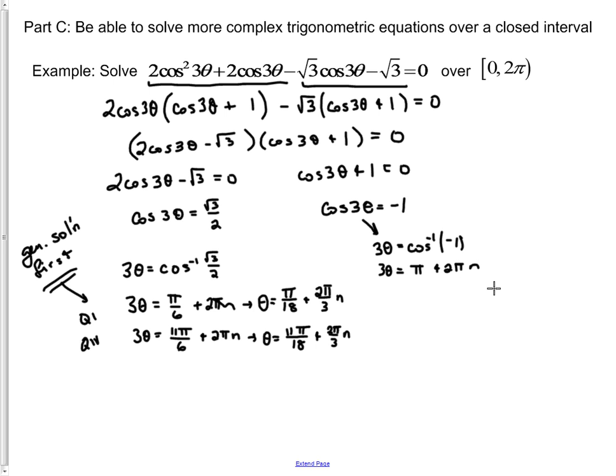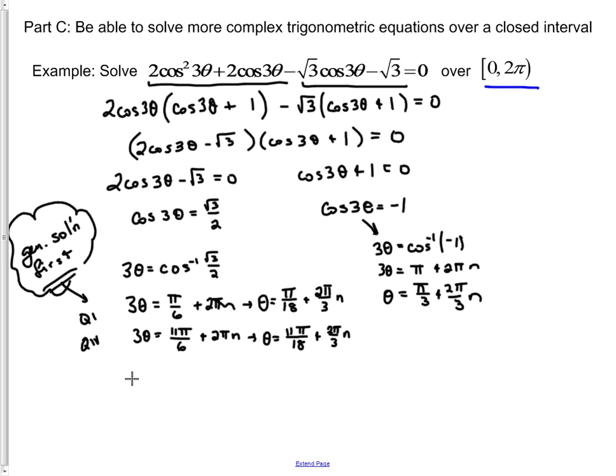So multiplying both sides by 1/3 gives us pi over 3 plus 2 pi over 3 n. Well, these are the general solutions. We look for the general solutions first, but we're going to use these general solutions to get our set of values over the interval from 0 to 2 pi, which is what we were after.